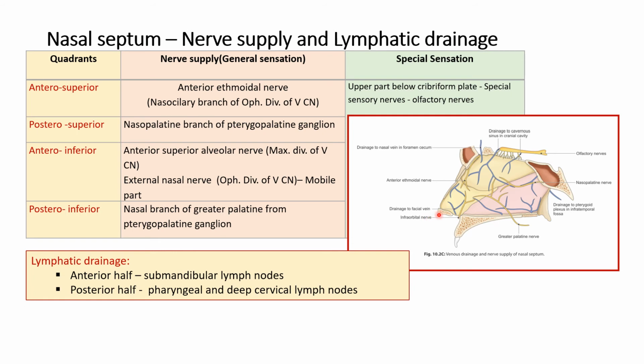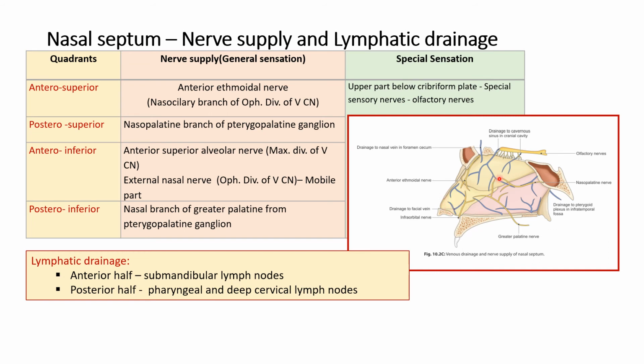From the anteroinferior part, it is through the anterior superior alveolar nerve, a branch of maxillary division of trigeminal nerve, and also external nasal nerve, a branch of ophthalmic division of trigeminal nerve, from the mobile part of nasal septum.